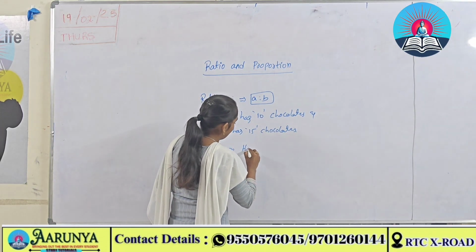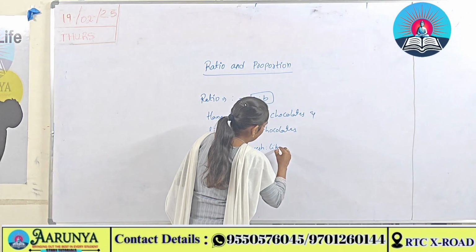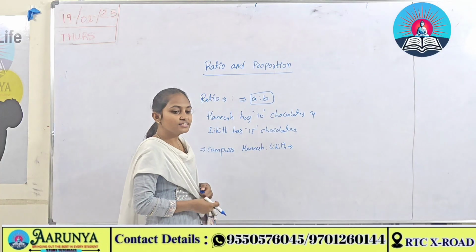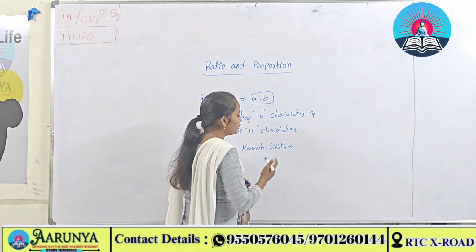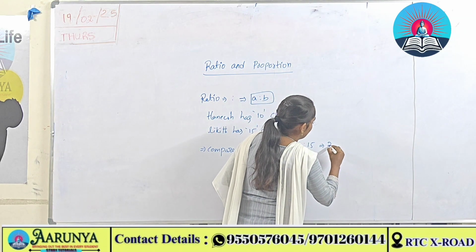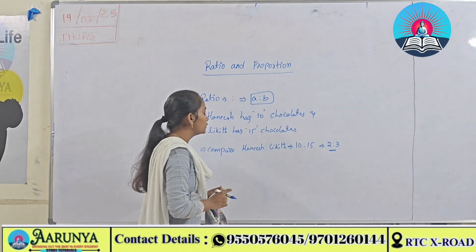Compare Hanish is to Likit. So what is the answer? 2 is to 3. Yes, 10 is to 15 is equal to 2 is to 3.